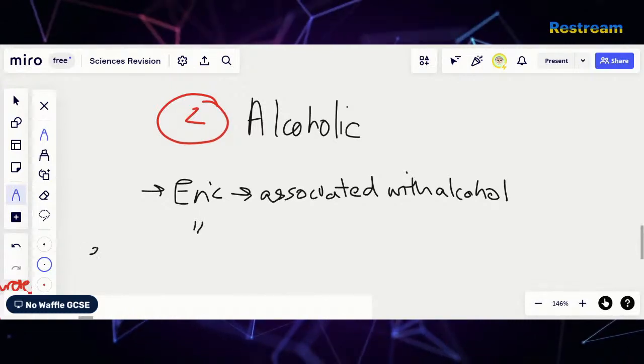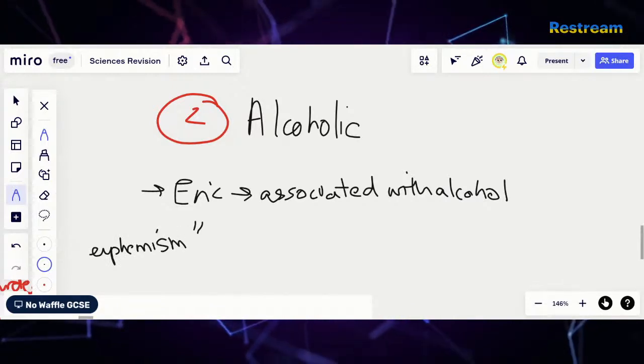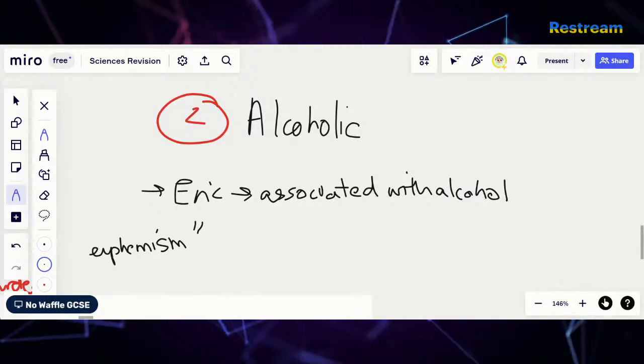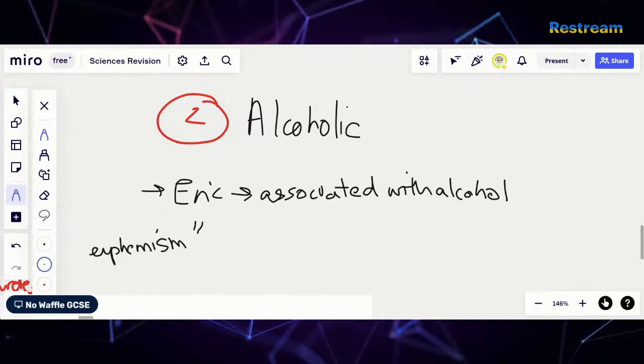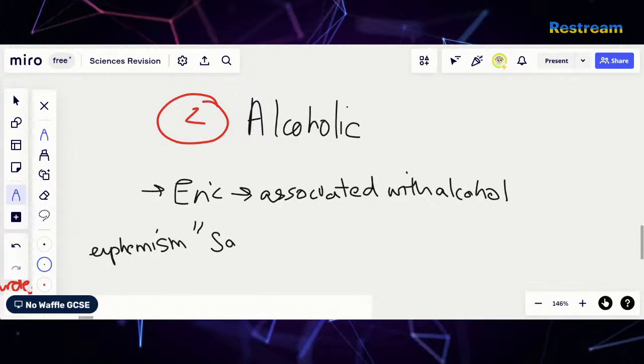Sheila uses euphemism, which is when you understate something. So instead of saying someone is fat, you say they're round. It's a gentler way of saying something. So Sheila's euphemism, instead of calling Eric an alcoholic, is to call him squiffy.